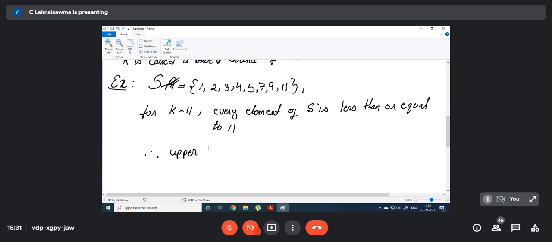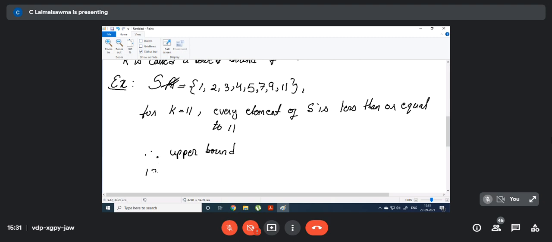So you may wonder why we choose k equal to 11. We did not choose k equal to 11 by necessity. We choose one value, which is one value of an upper bound. So there can be any upper bound.